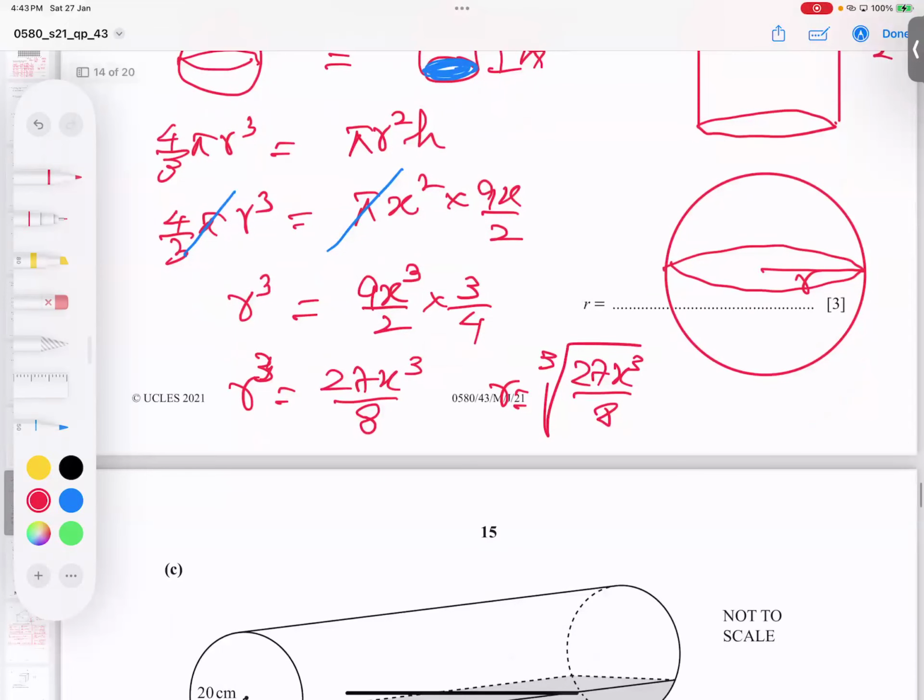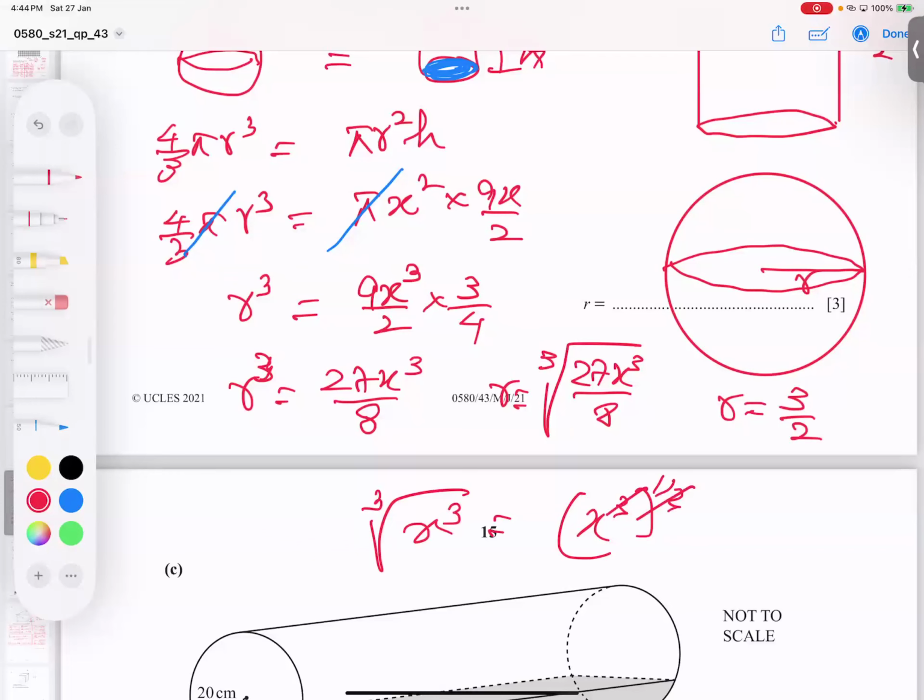Whenever the cube root of 27 comes, you can type it in the calculator, it gives you 3. Cube root of 8, if you type in the calculator, it gives you 2. And cube root of x cube, actually cube root means power 1 over 3, and the powers cancel, we get x.